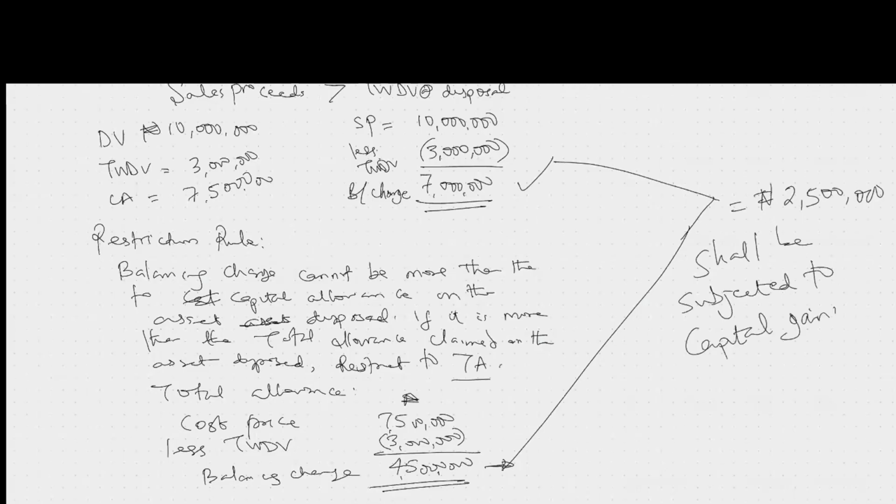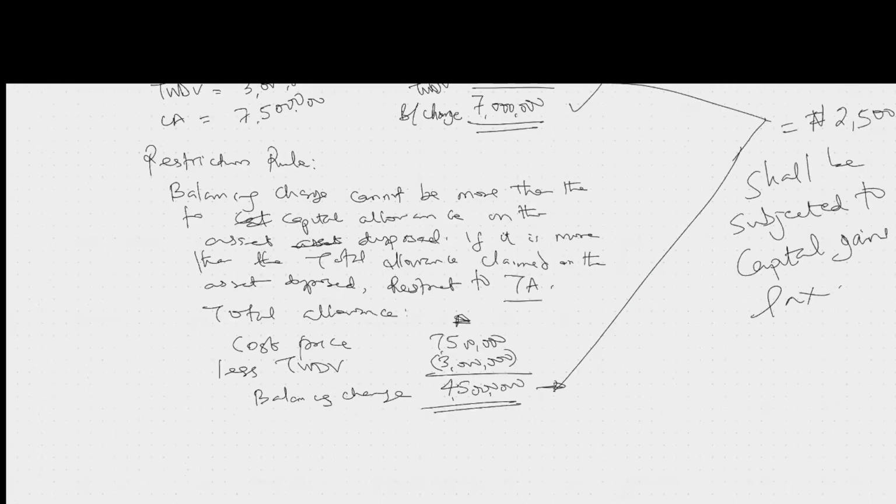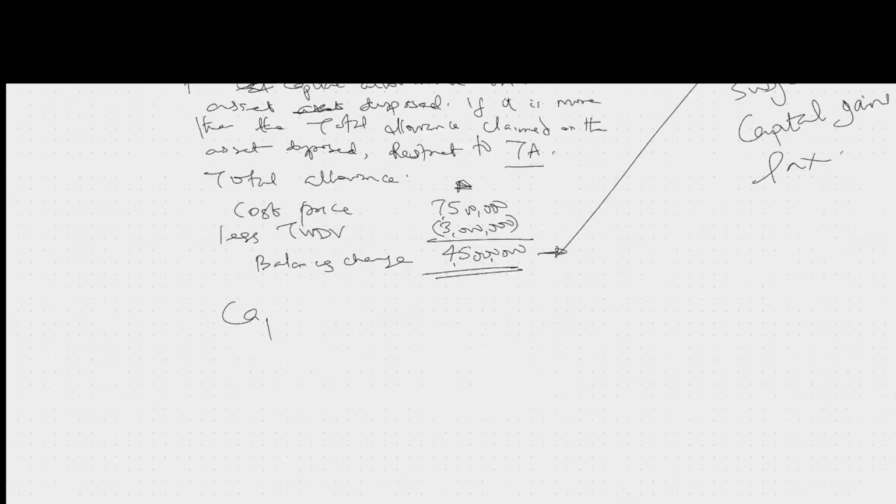Now, what do I mean? You remember when Mr. Idris was teaching you capital gains tax? He must have told you capital gains will arise in a situation where your sales proceeds are greater than your cost of acquisition and other incidental costs.